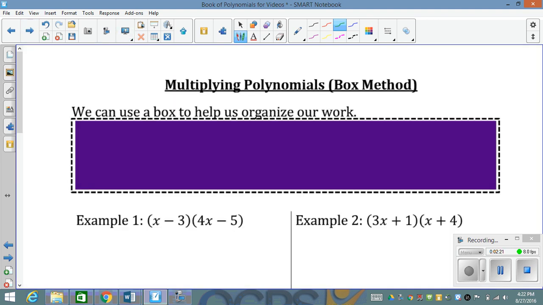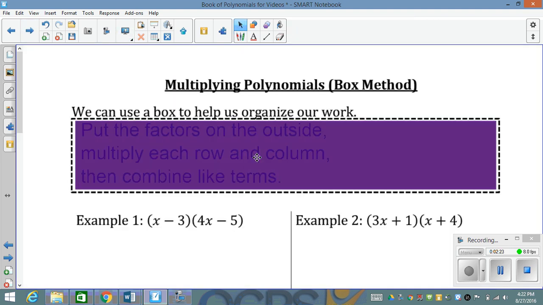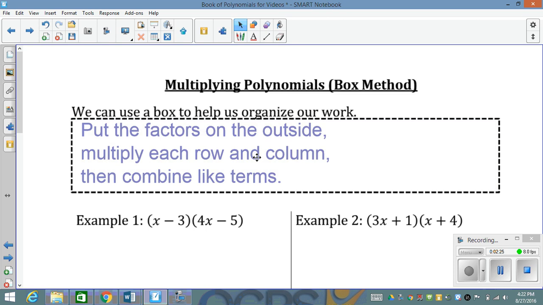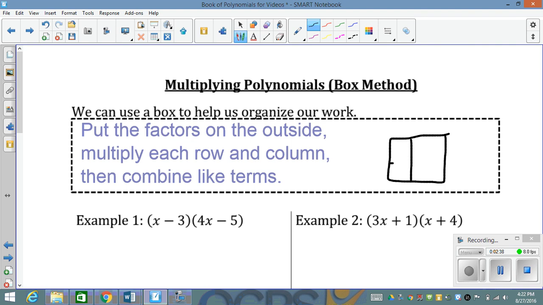So what is the box method? It is a method that helps us to organize our work as we're multiplying. We will start by drawing a box. If it's binomial times binomial, it'll be a little window pane there, a 2 by 2 box.